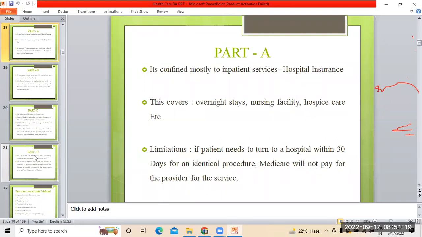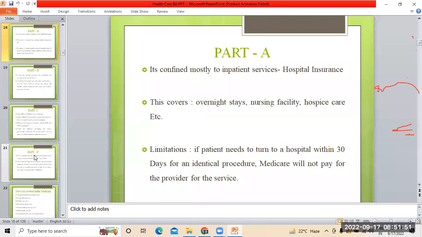For example, a person is diagnosed with something where he requires medical attention for at least 2 days or so, and he has joined a hospital for inpatient services. Obviously there is a provision where they can be reimbursed for the money they have spent.